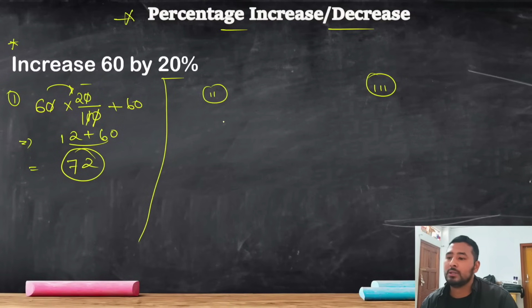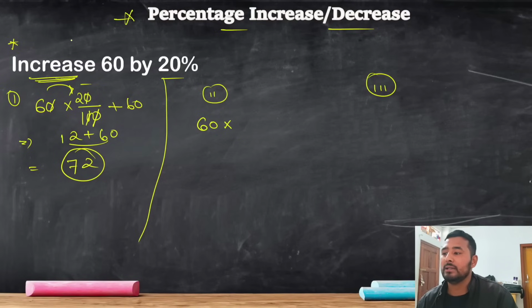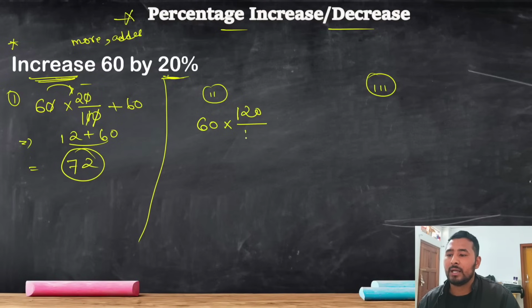How will we do method 2? 60, very important, okay? You can do this into, when the word comes "increase, more, added," then this 20%, we are talking about percentage, this 20% can be written as 120 directly by 100.